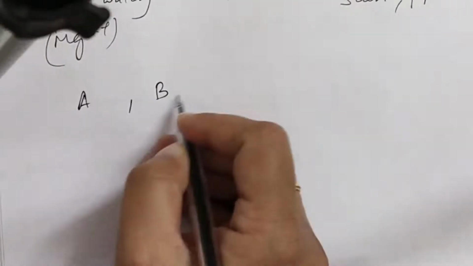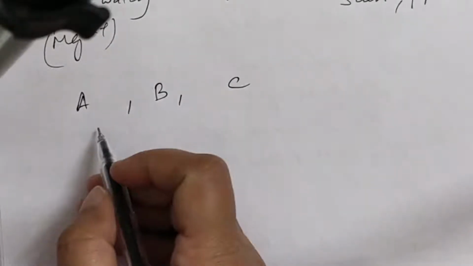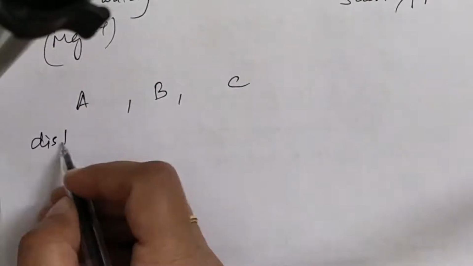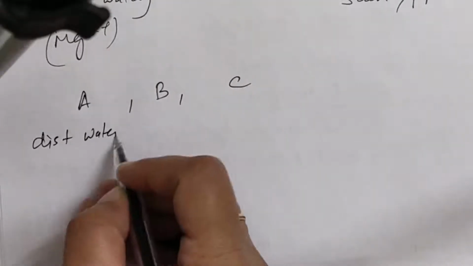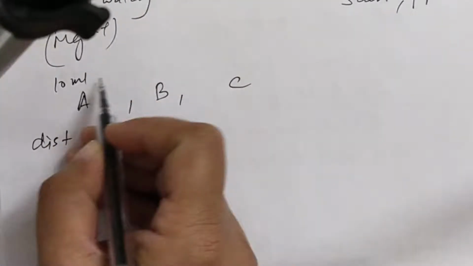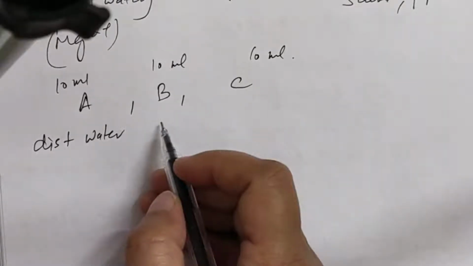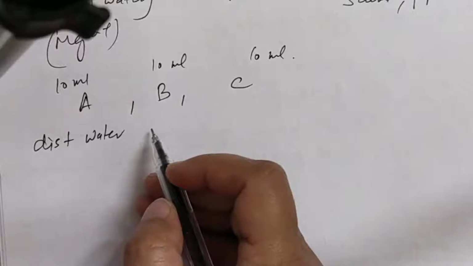How can you test? Different tests are there. Suppose you are taking 3 different test tubes and 3 different samples of water. Take the same amount of water, 10 ml, in 3 test tubes, but from different sources. In the first test tube you are taking distilled water.